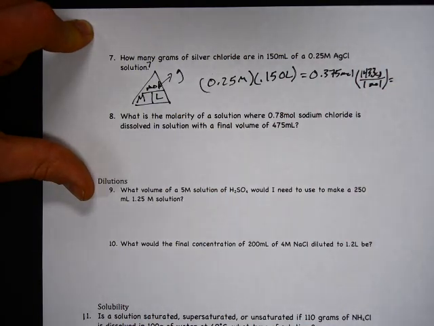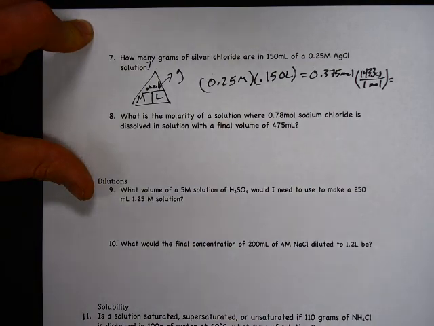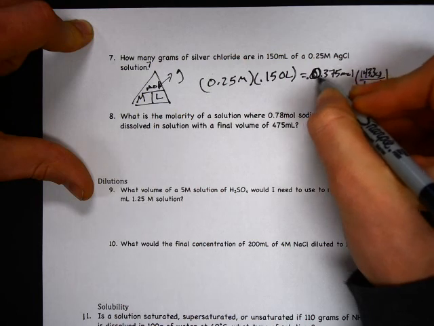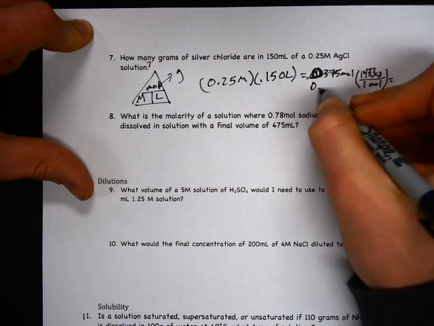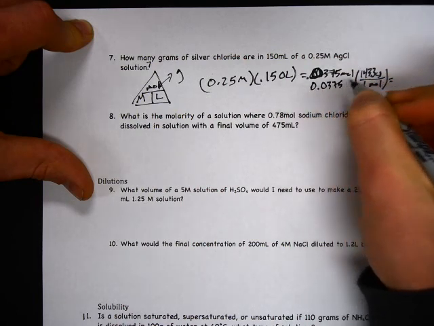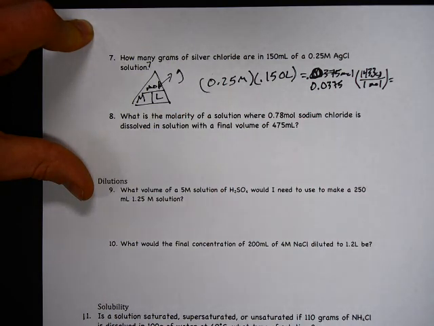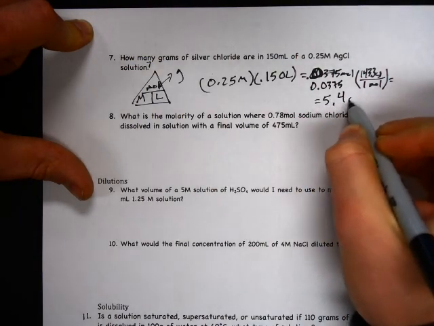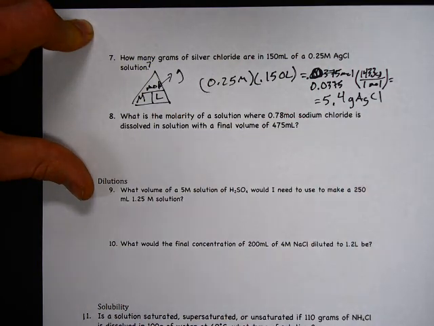I multiply that out, and that should be 0.0375. I'll just rewrite it. 0.0375 moles. 0.0375 times 143.3 is equal to 5.4 grams of silver chloride.